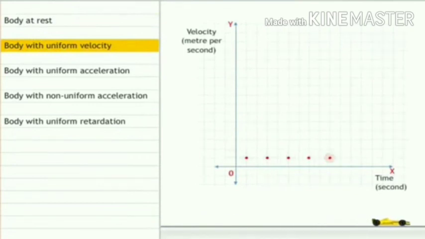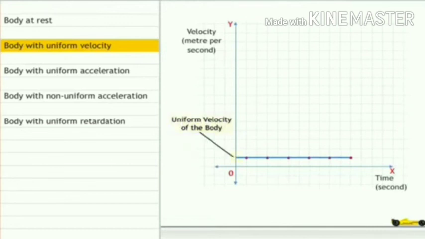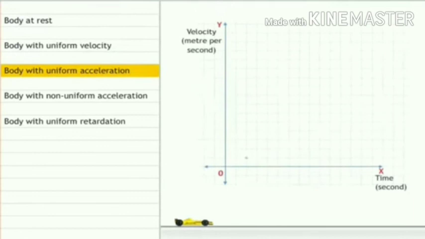If the object moves at uniform velocity, the height of the velocity time graph will not change with time, and it will be a straight line parallel to the x-axis. It shows velocity time graph in uniform velocity. So, body with uniform acceleration, it is a straight line graph passing through the origin.